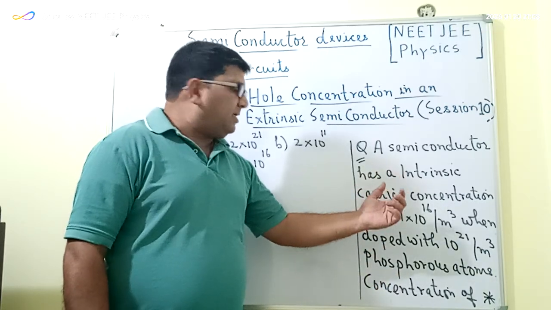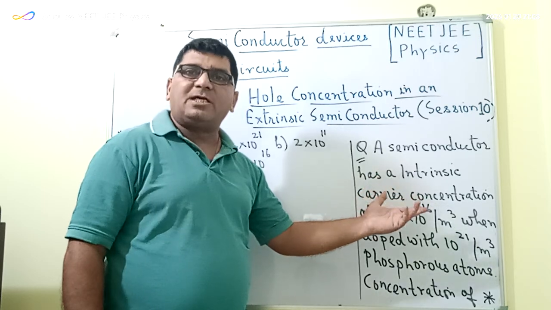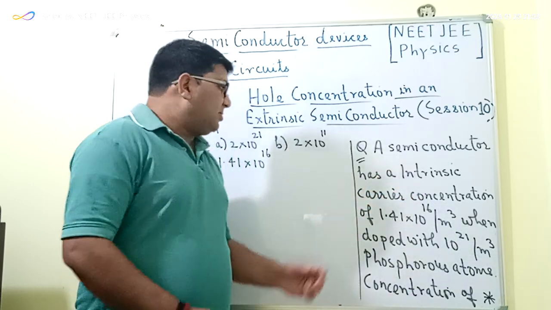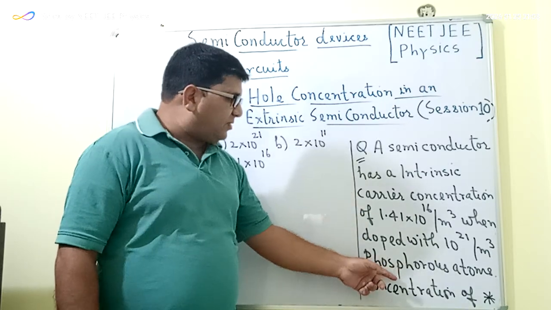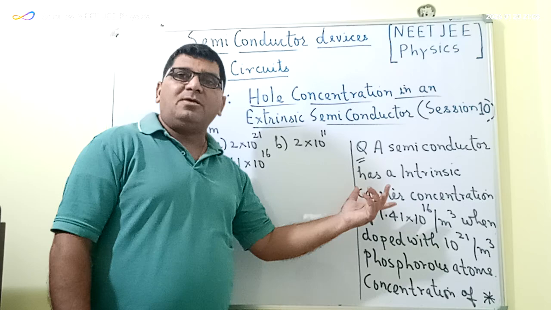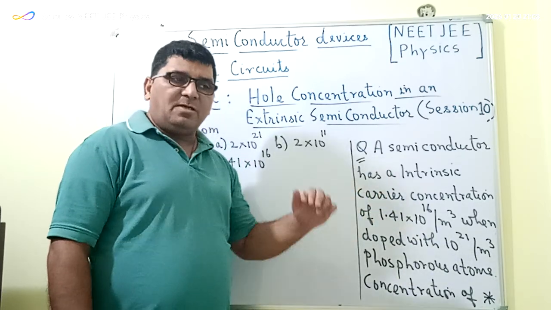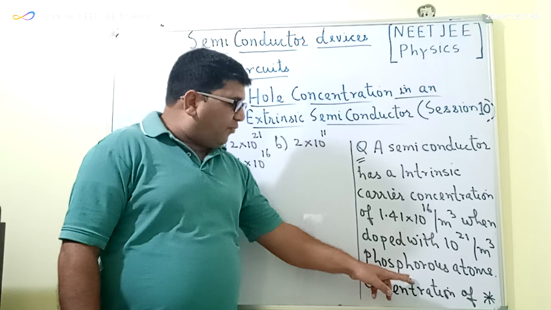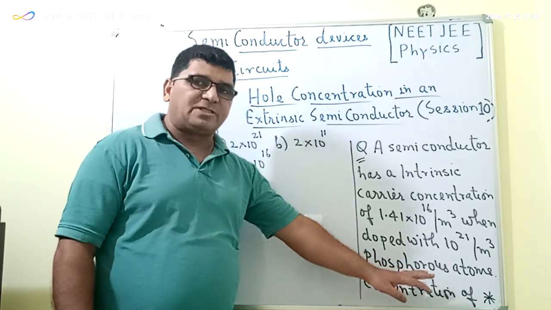The intrinsic semiconductors normally used in industry are silicon or germanium. The silicon atom has 4 valence electrons. So when the phosphorus atom is doped in either the silicon or the germanium semiconductor, this phosphorus atom has 5 valence electrons.